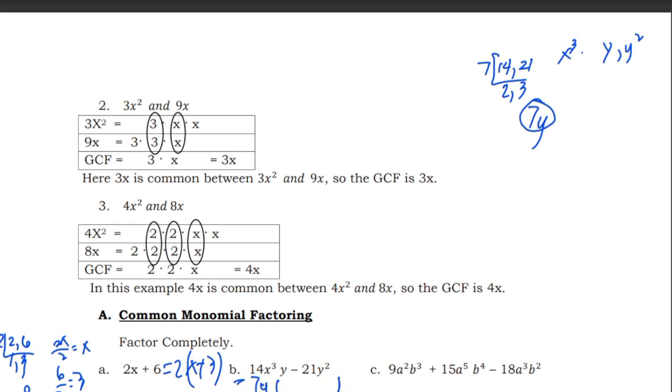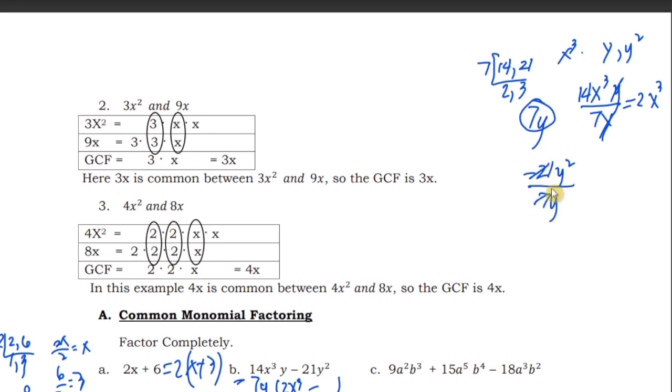To have the value of the second factor, we have 14x cubed y divided by 7y. So cancel the y. 14 divided by 7 is 2, so we write 2x cubed. Then negative 21y squared over 7y.